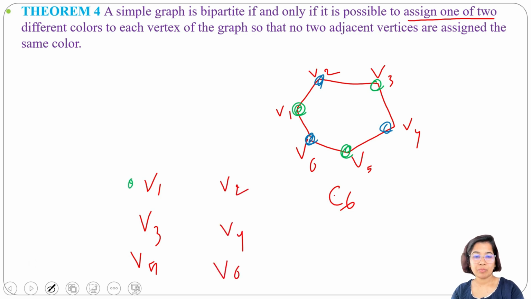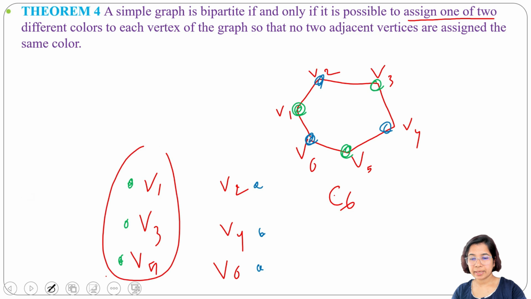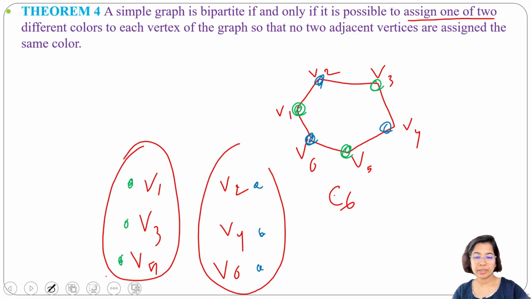So here V1 is green, V3 is green, V5 is green, and V2 is blue, V4 is blue, V6 is blue. So one side's vertices are one color, the other side's vertices are another color. We can assign one color to one set, another color to the other set. Then this is a bipartite graph. Mainly it is saying if you can make two partitions of vertices, then this is a bipartite graph.